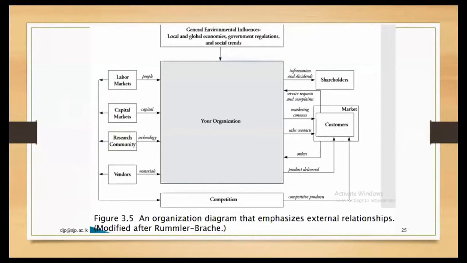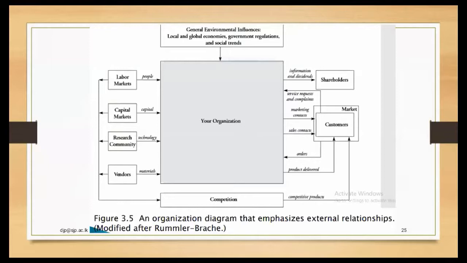Here you have an organization diagram that emphasizes external relationships. You know that any organization you take doesn't perform in a vacuum. They have a relationship with the environment. So especially here, Rummler and Brache emphasize the external relationships.